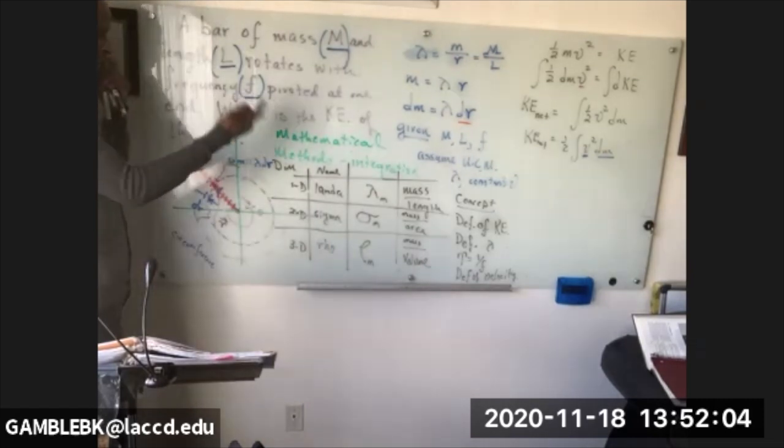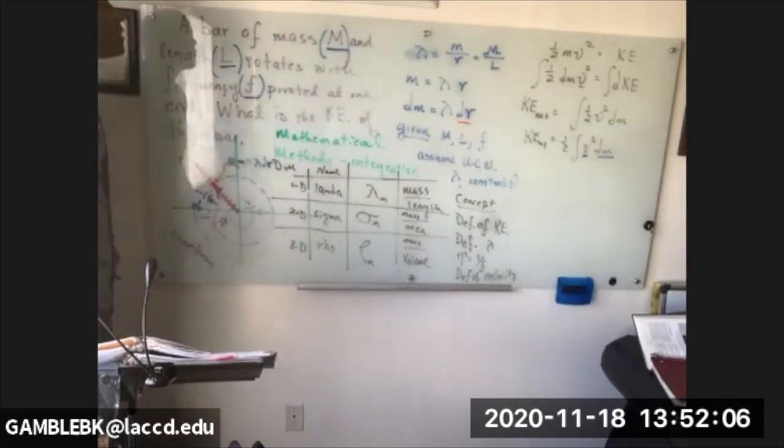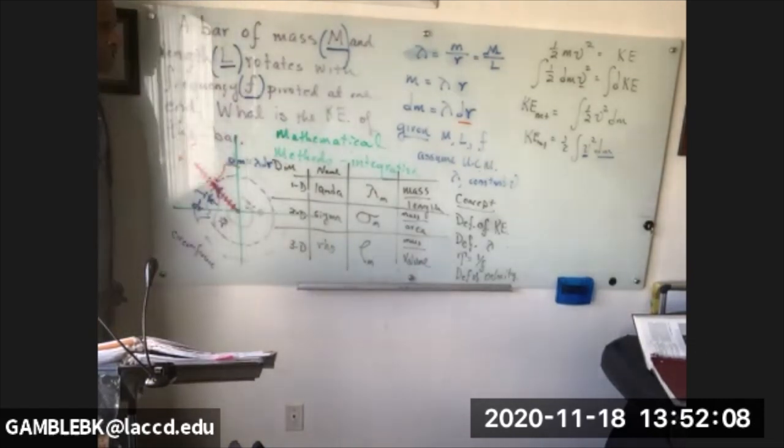Because if I know the frequency, I know the period, so I know that time. So does anyone know what that relationship is? I talked about it when we did uniform circular motion. I wrote down that relationship. What relationship would I need in order to be able to write v, the velocity, in terms of the differential mass?